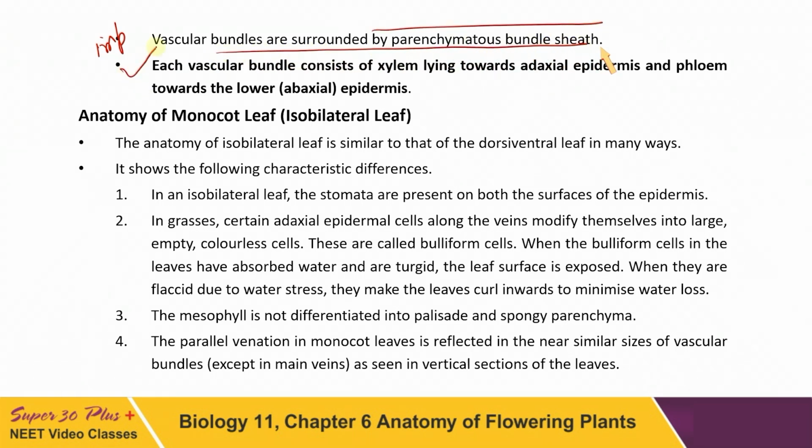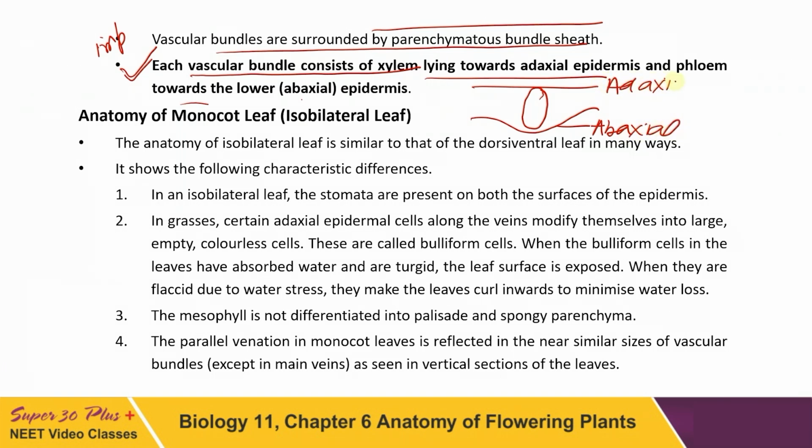And a very important point, each vascular bundle consists of xylem, which is towards the adaxial side, and the phloem is towards the lower side. You can remember here that this is the vascular bundle. So which side is abaxial? This side is abaxial, and this side is adaxial. Don't make this mistake.